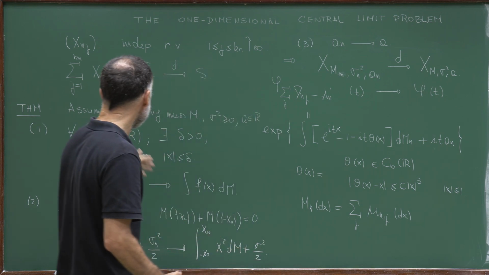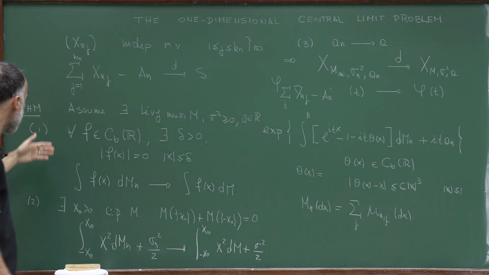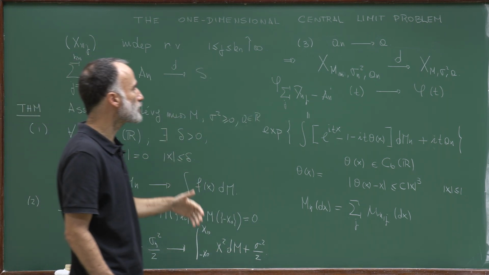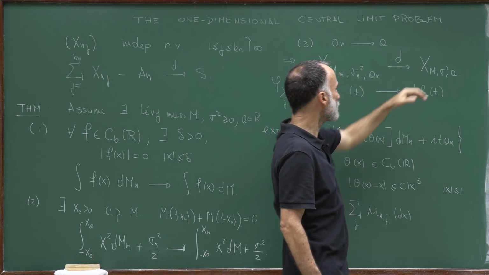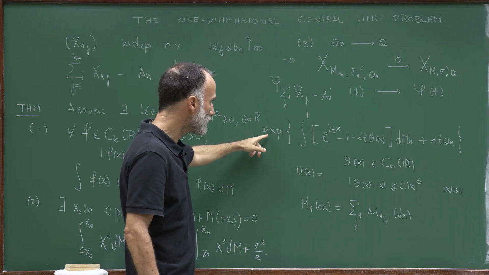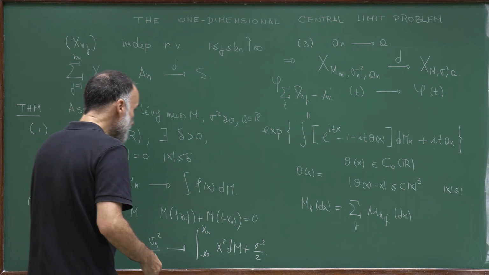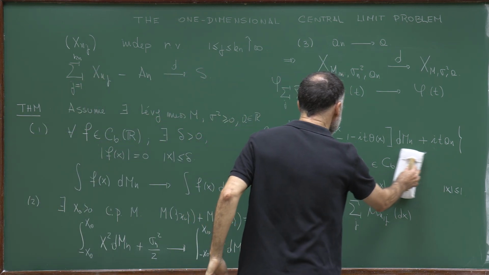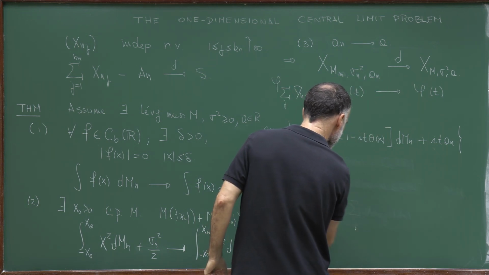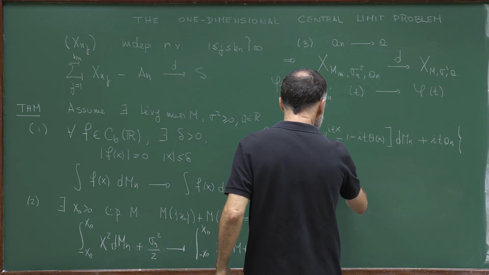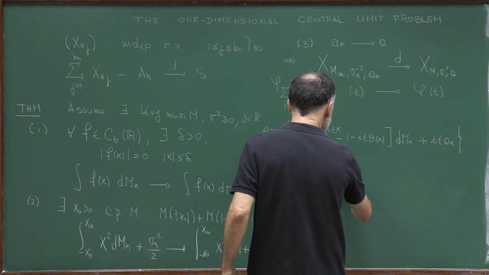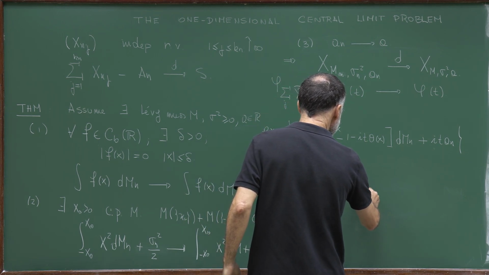And what this theorem is saying is that if these three conditions are satisfied, then this distribution converges to that one. Note that this distribution corresponds exactly to the distribution X mn, 0, an.